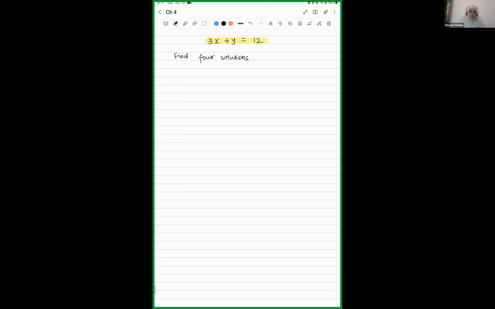See, how we do such questions is, listen carefully now, because I'm going to ask you to do a similar question by yourself after this. How we do such questions is that we first fix one variable. We make a table with x and y. We want 4 solutions, so we're going to make a table with 4 columns.